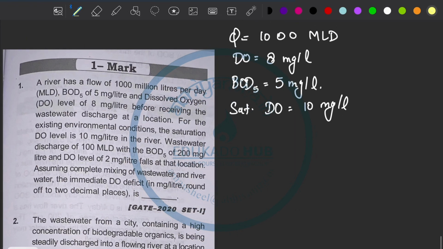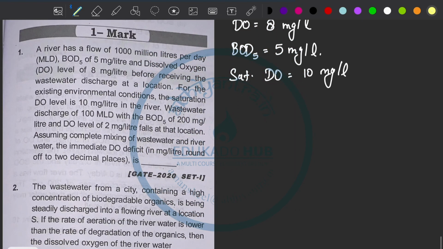There is a relation that the discharge of the mix, Q mix, will be the discharge of river plus discharge of wastewater.